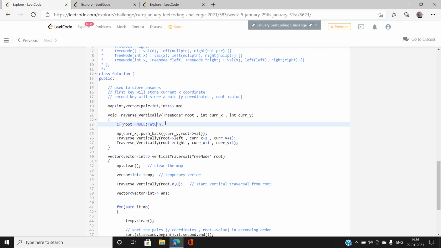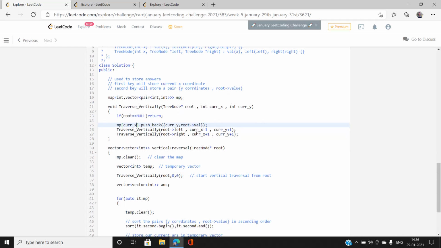Now when we have a certain x coordinate, the root node is not null, and a certain y coordinate, we are going to push the current x coordinate, because we are going to store the minimum first. So mp of the current x coordinate is going to push back the current y coordinate and the current root value. Then we move to the left.